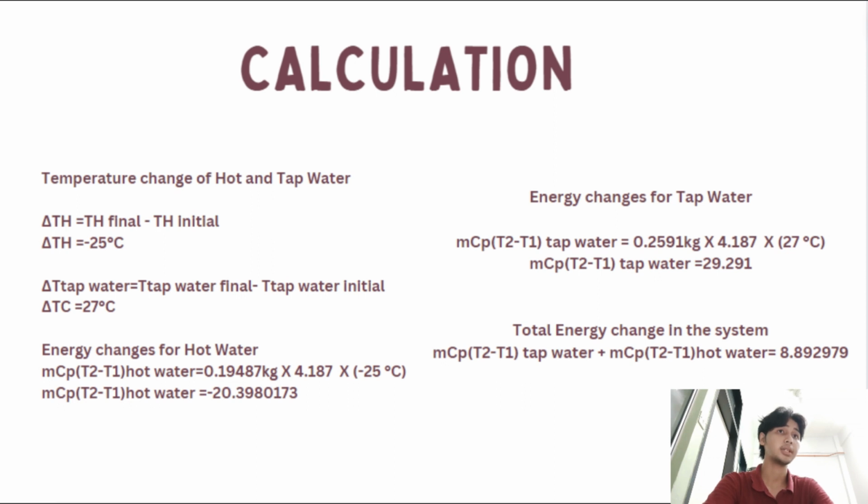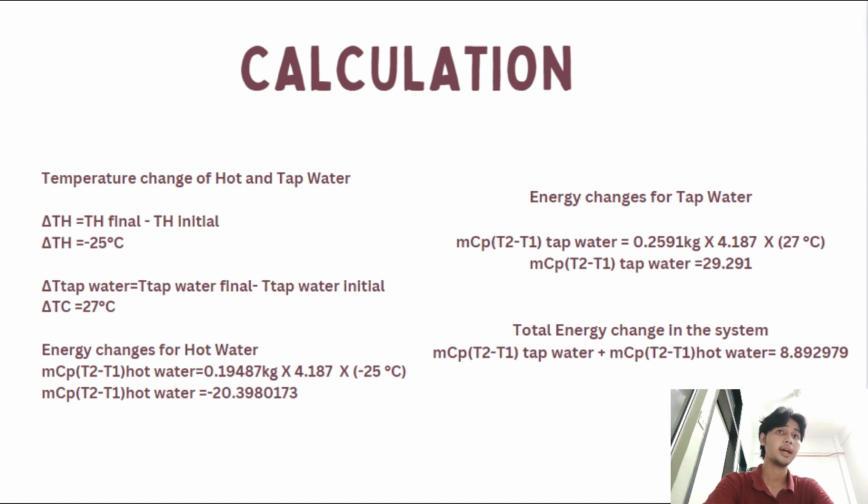The mass is 0.2591 kg times 4.187 kJ over kg times K, and the delta for tap water is 27. The answer that we get is 29.291.